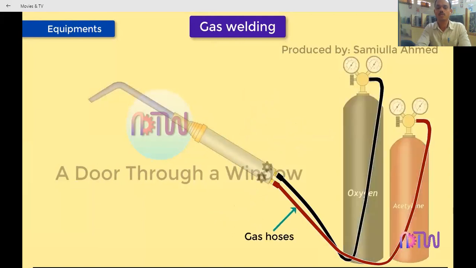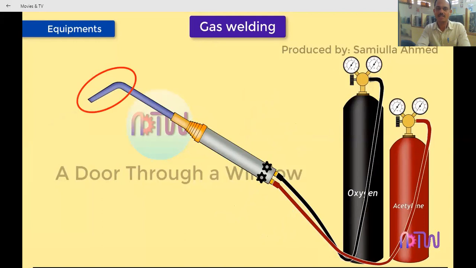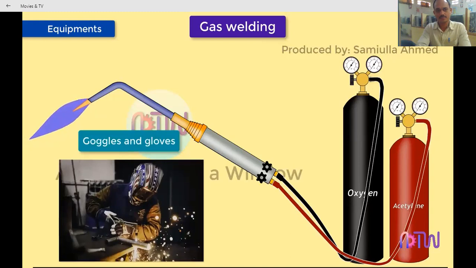These gas hoses mean these are the pipes. But these pipes are not regular pipes which are used to transfer water. These are very high strength pipes. To ignite this, we require some lighter.